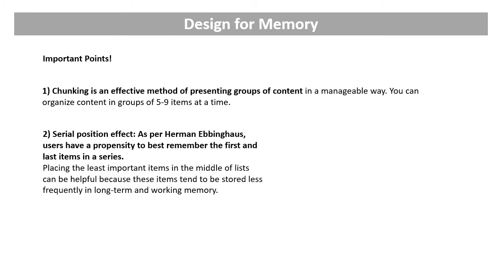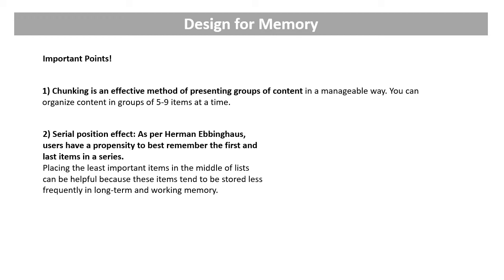There is another effect which is called the serial position effect, also called the primacy and recency effect, which was proposed by Hermann Ebbinghaus. He said that users have a propensity to best remember the first and last items in a series.